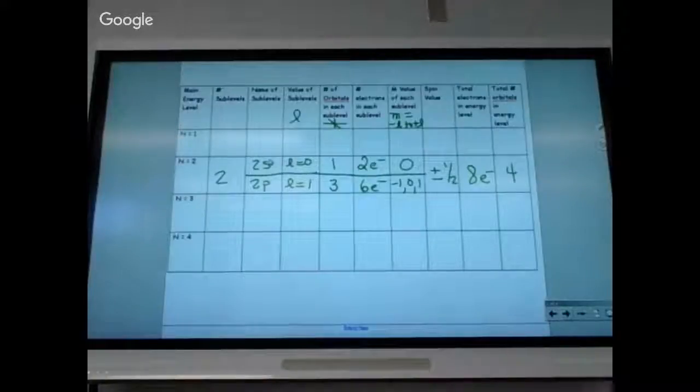Because it has 3 pictures. P has 1, 2, 3. How many pictures you got? Yep.